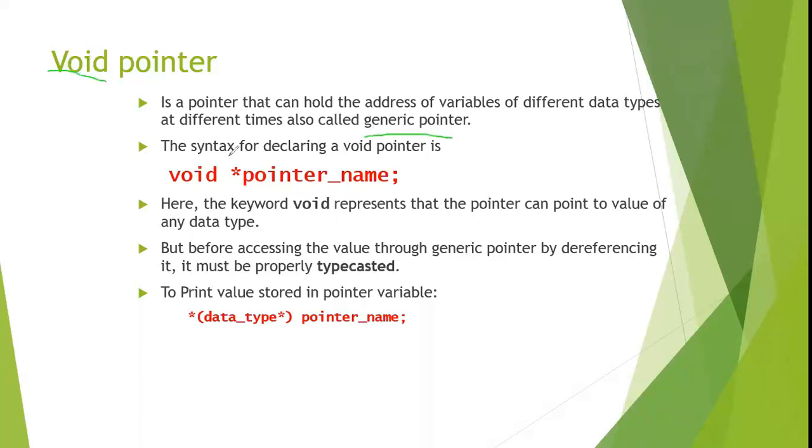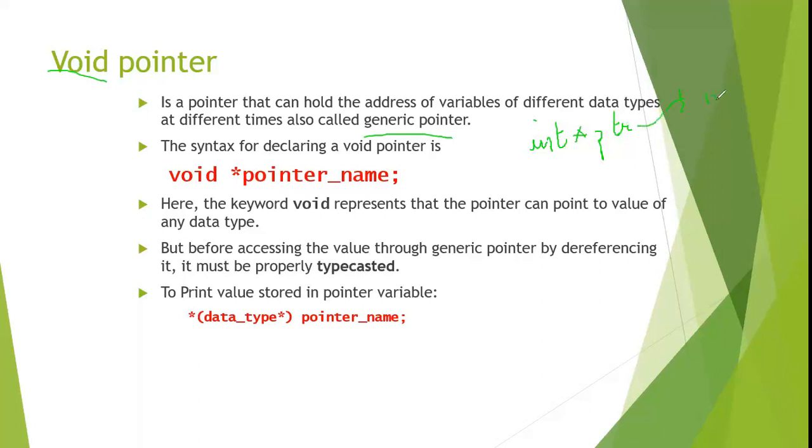Now, what does this mean? The syntax for declaring a void pointer is void *pointer_name. Here, the keyword void represents that the pointer can point to any value of any data type. Suppose I say int *ptr, now ptr can point to a variable of which data type?